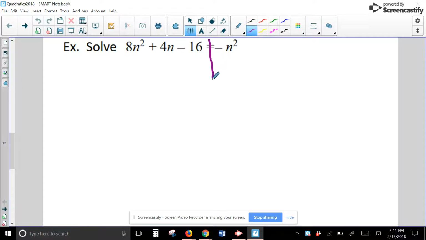So obviously it doesn't matter which side you move things to, but we could just move one term. So if we add n squared to both sides, on this side we're going to add it to the 8n squared.